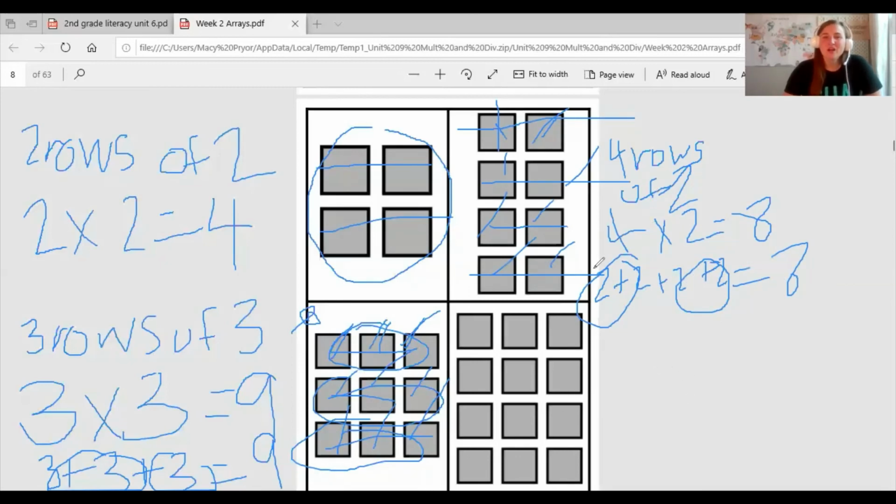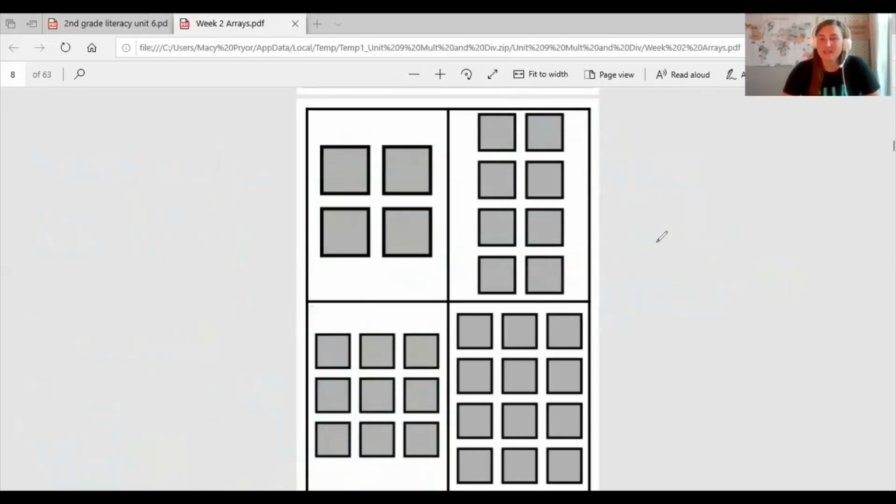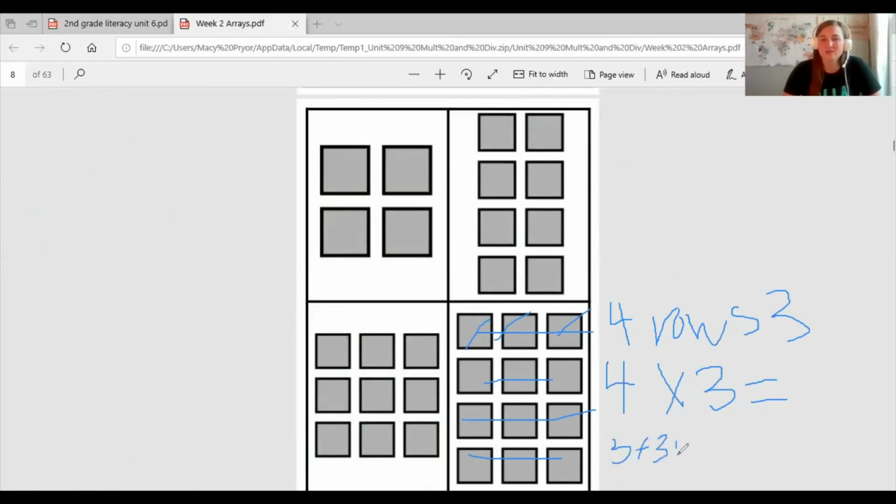Awesome. Okay, I'm going to clear my screen to make that a little bit tidier so we can focus on this last problem. Okay, second grade, so I have 1, 2, 3, 4. I have 4 rows of 3. 1, 2, 3. 4 rows of 3. So 4 times 3 equals, I can do my 3 plus 3 plus 3 plus 3.